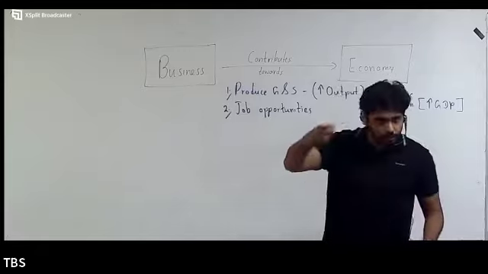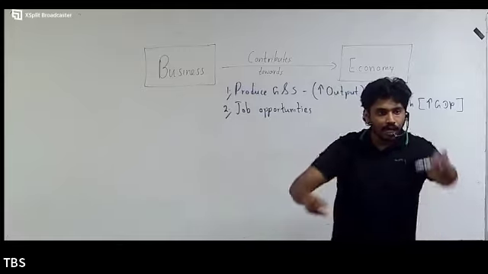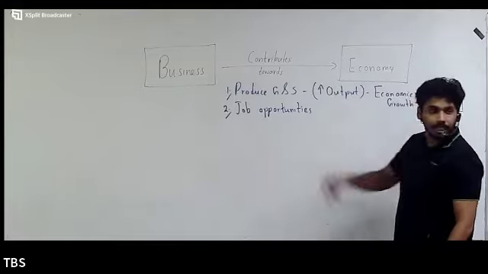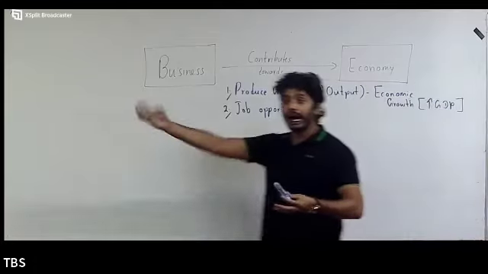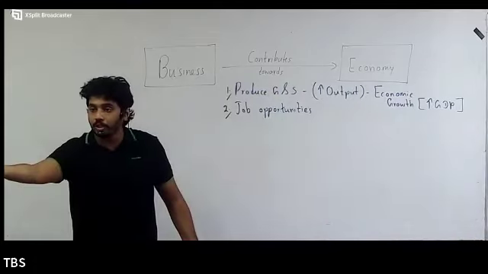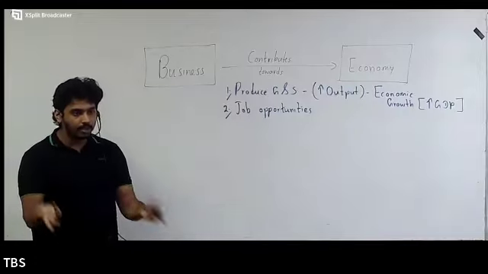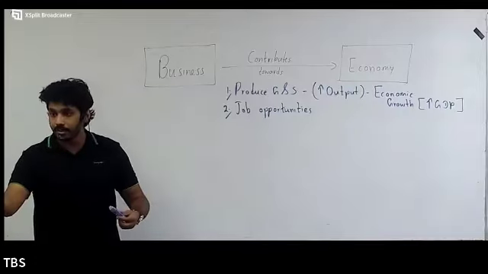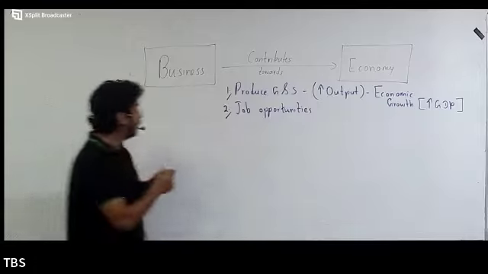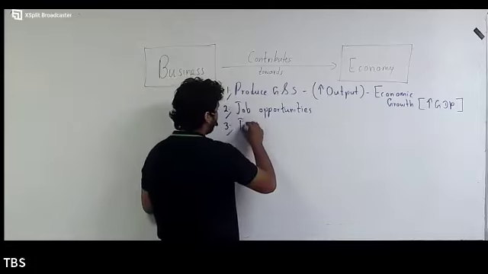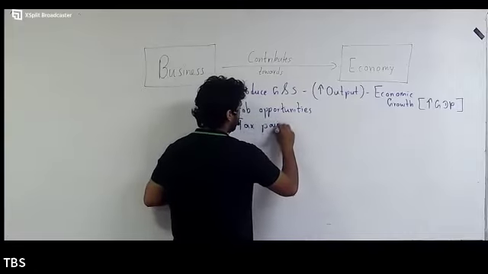Will you produce goods and services? Yes. Are you contributing to the output of the country? Yes. You will hire people. What opportunity are you giving to people? Job opportunity. Are you doing something good to the country? Yes. Are you doing good to the economy? Yes. Being a business.